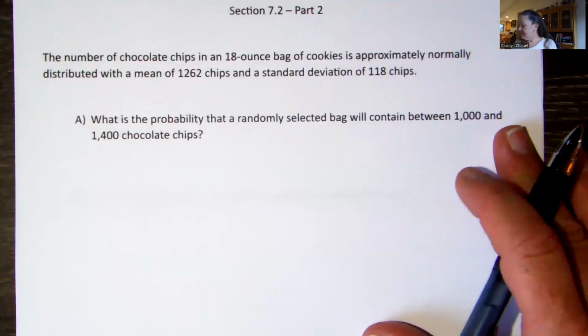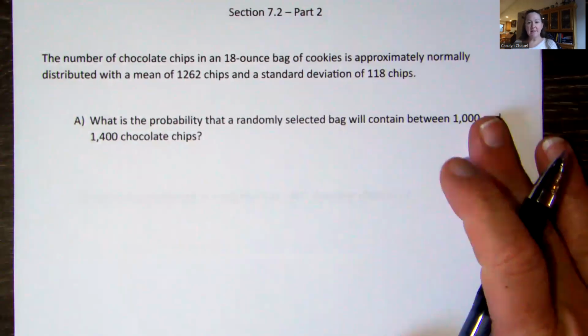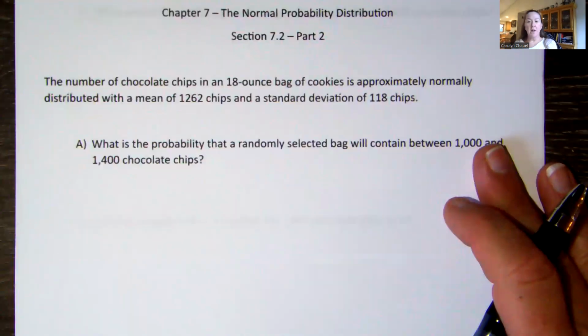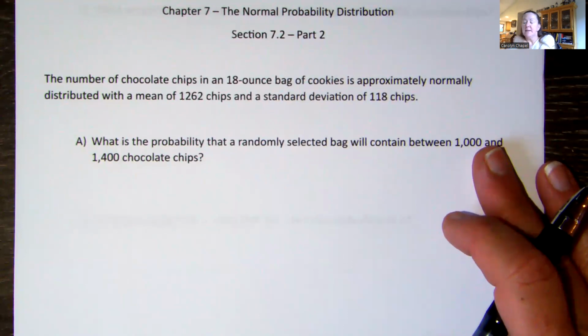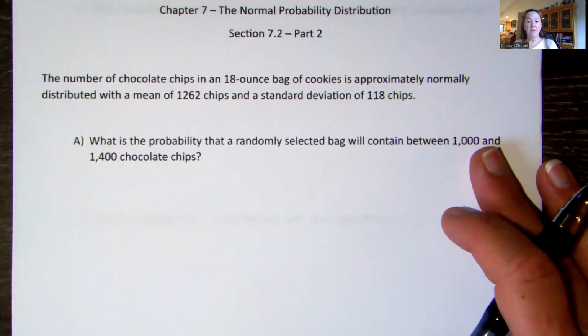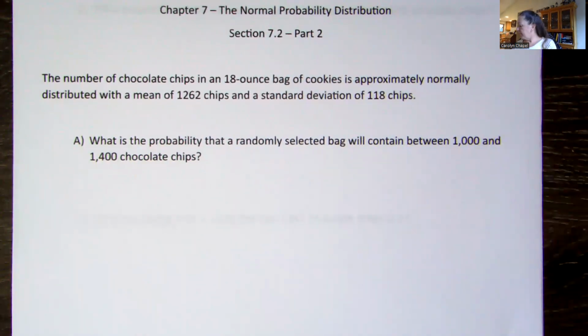The section 7.2, and this is the second part of it, because the first part was all about the standard normal. So the mean of 0, standard deviation of 1, and we learned how to use the table. So today we're going to be making that connection between a regular question, a regular problem, and that standard normal. And that connection is by going through that z-score that we learned earlier in the semester as well.